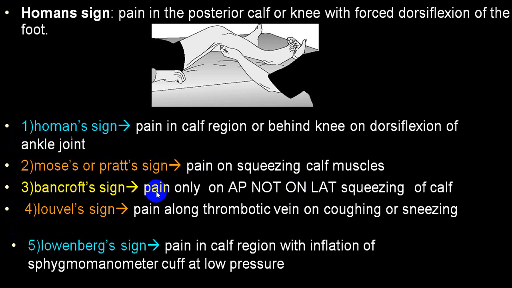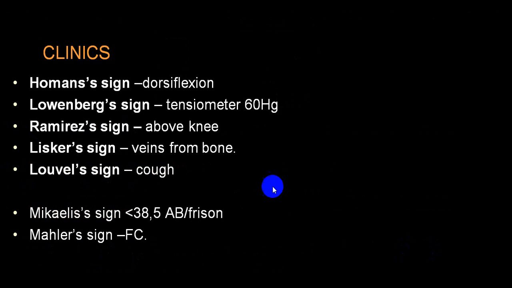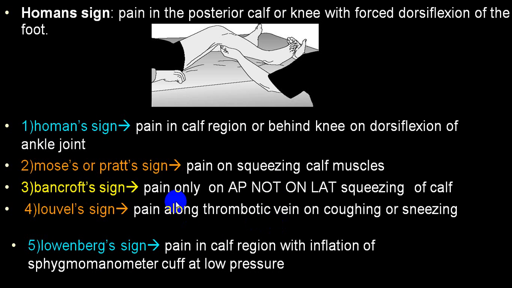If you are interested, at leisure time there are many other signs also: Homan sign, Lowenberg, Ramirez, Lisker, Lowell, Mikale, Mehler, etc. Most commonly performed is Homan sign, and second is Moses or Pratt.